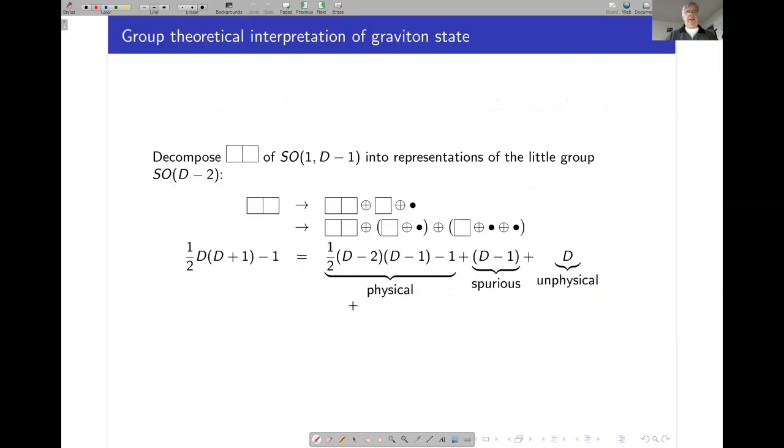We can also check this is consistent with group theoretical reasoning. Here we have to take our Lorentz tensor and decompose it in 2 steps using branching rules into representations of the little group, which is the transverse rotation group for massless states. And then you see the same counting, and you can also see in what kinds of representations the physical, spurious and unphysical degrees of freedom fall.